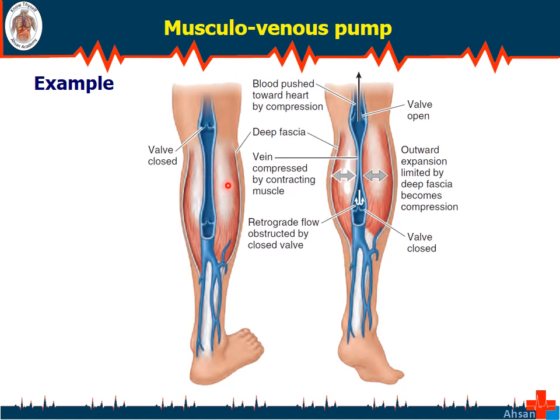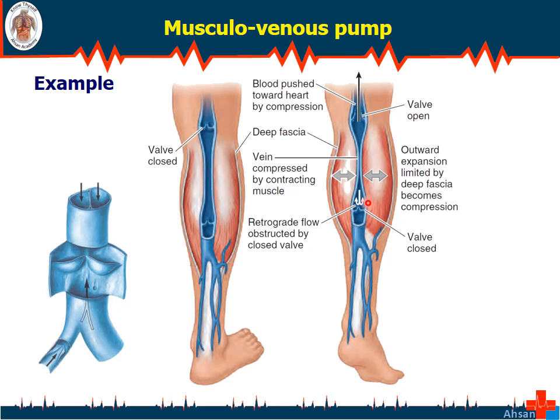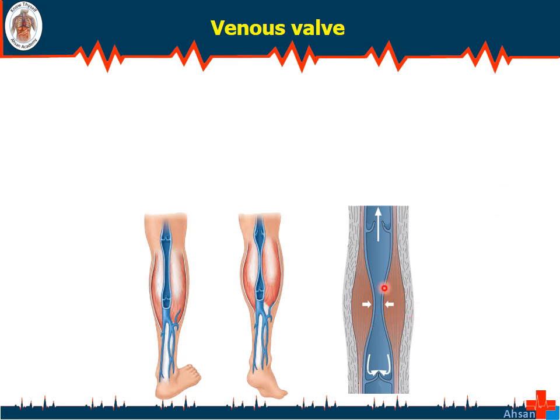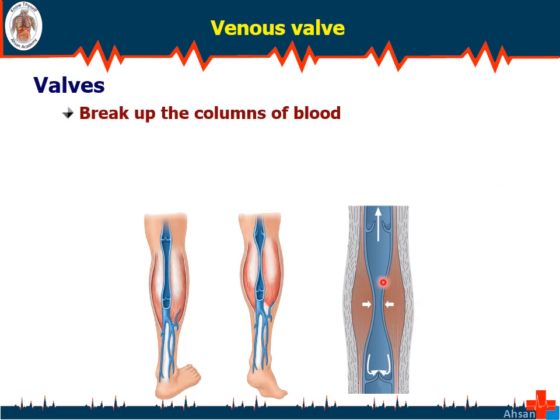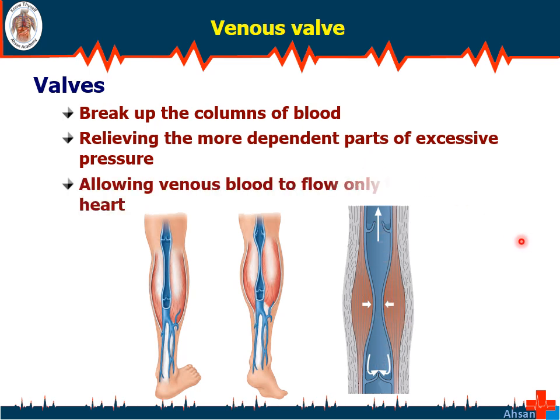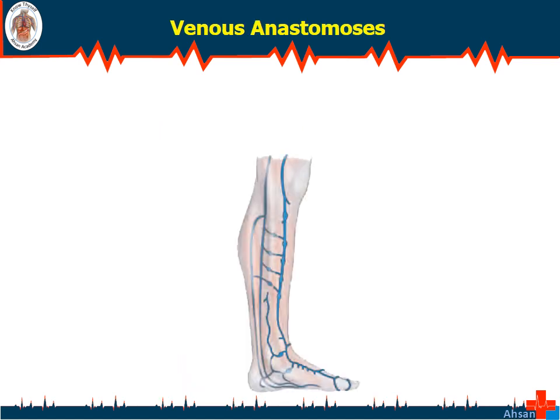So when the muscle contracts, muscle bulk is increased and squeezes the vein, and as I have already discussed, in this way the blood moves against the gravity, and so these muscles are known as peripheral heart. This is possible because of the presence of valve. This is the muscle contracting, and this valve is breaking the blood into columns and helping to push the blood against the gravity, and blood can flow towards the heart.